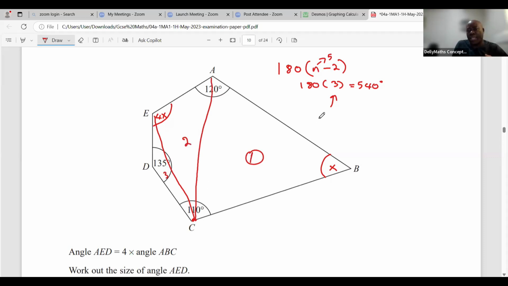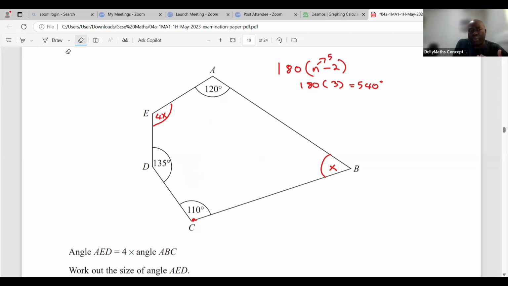So that is why we had a 3 here. And since the total interior angle for one triangle is 180, then we were able to find the total interior angle for this figure, which would have been 540 because it constitutes 3 triangles.